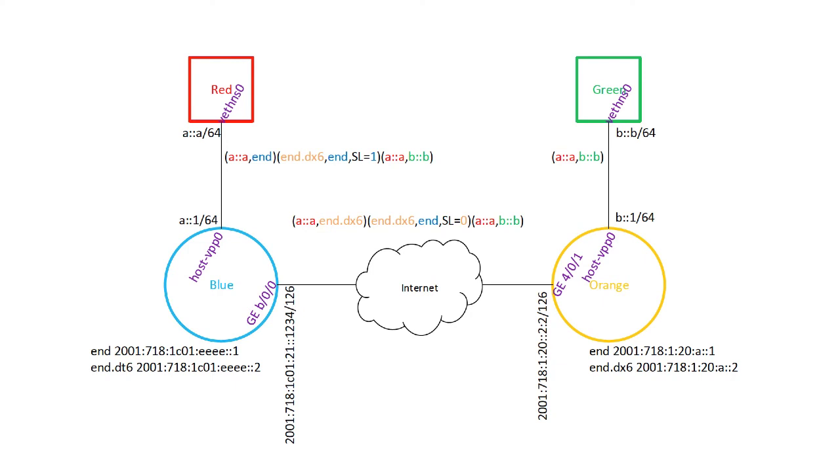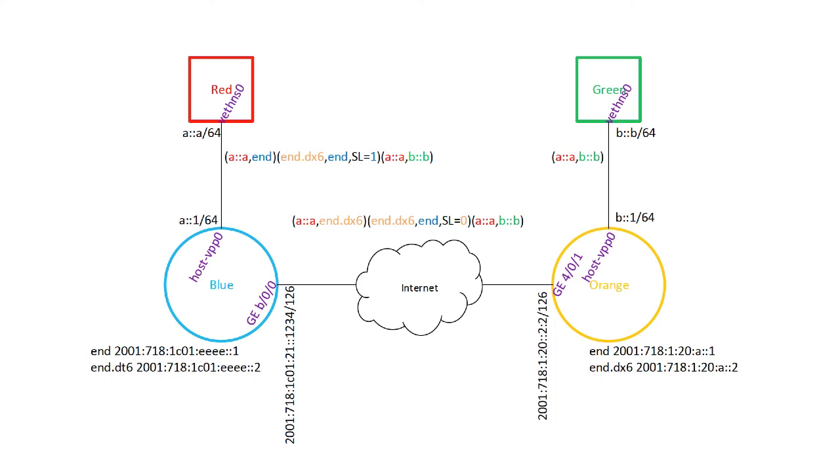Active segment is End functionality of VPP blue. VPP blue will do End behavior, which means decreasing segments left by 1 and copy active segment into destination IP address. This is End.DX6 of orange VPP.